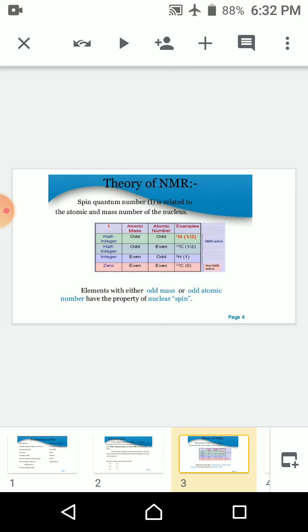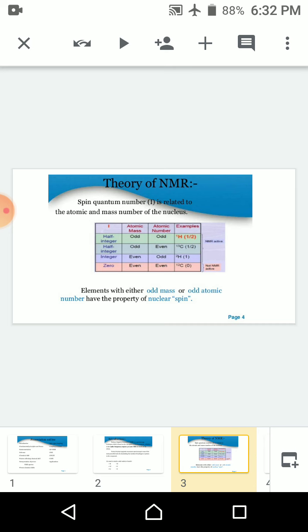Half integer, if odd atomic mass, even atomic number, then the example is 6C13. The value of I is here also 1 by 2. Then if integer, if the atomic mass is even and atomic number is odd, then the value of I is 1, for example H2.